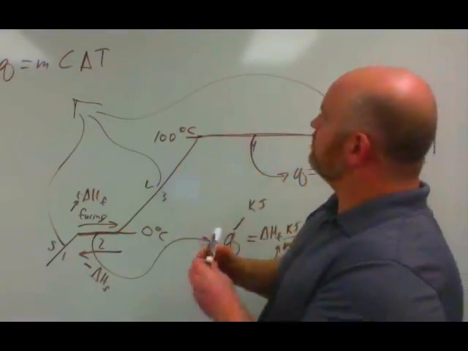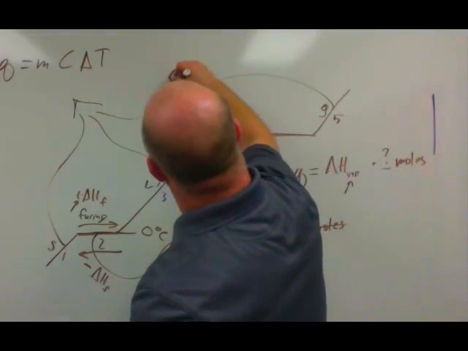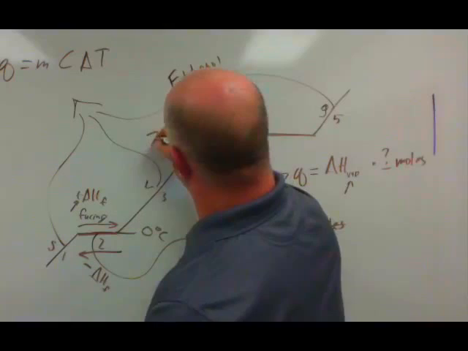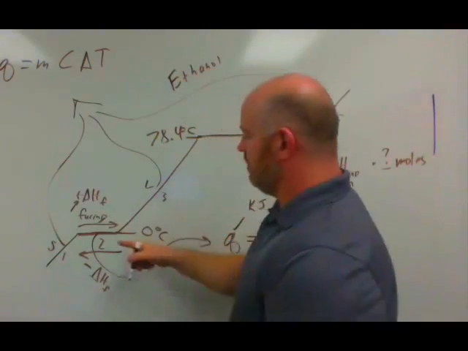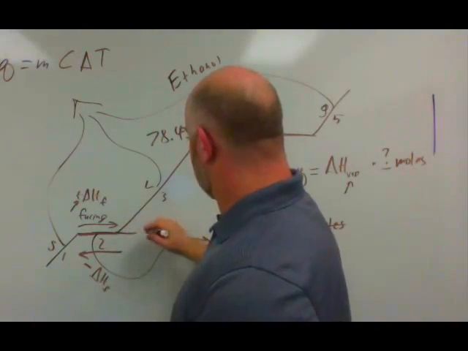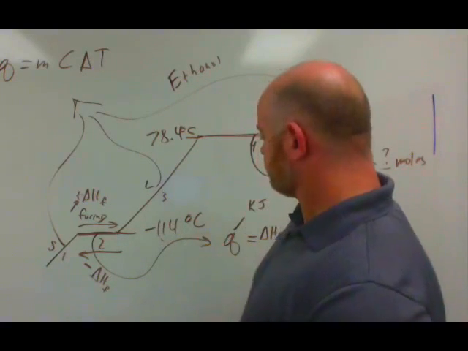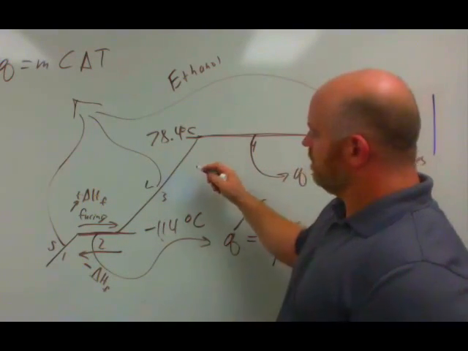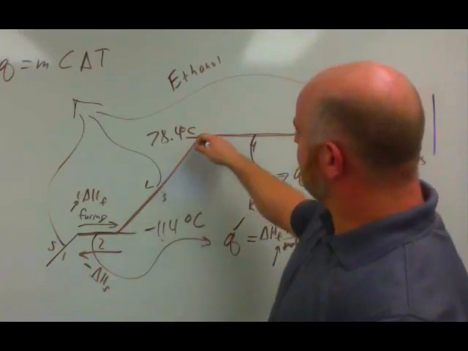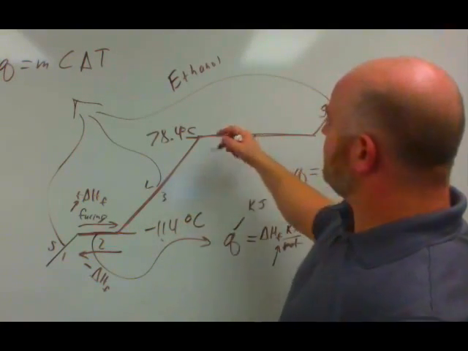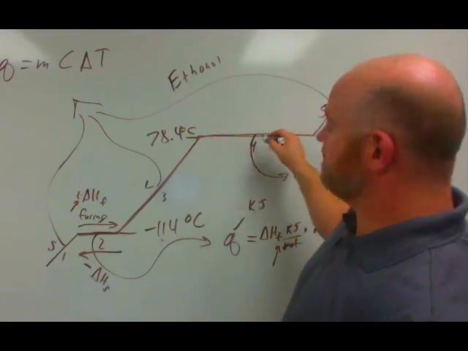So if this was ethanol, this flat line would be at 78.4. This flat line would be at a negative 114 degrees Celsius. Which means your range between here is going to be different than water's. It means that the point at which you have to do this equation is going to be different.